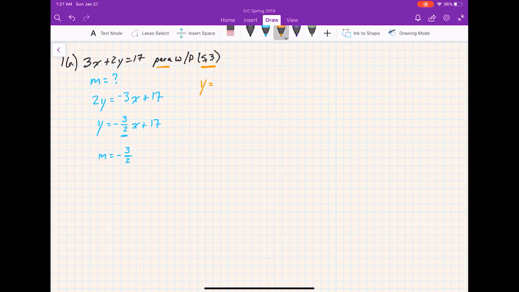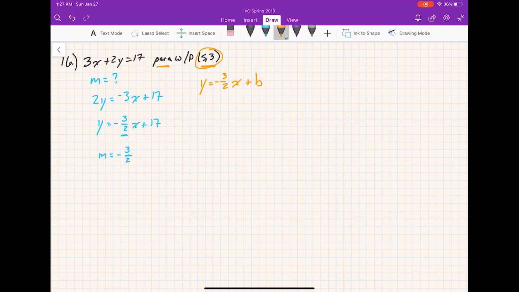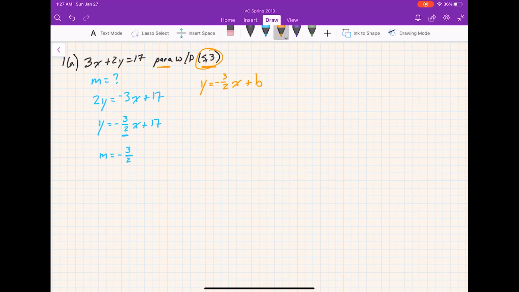So we'll have y equals negative 3 halves x plus b. Now we'll substitute this ordered pair 5, 3 in this formula. We'll have 3 equals negative 3 halves times x, which is 5, plus b. So first things first, we will have 3 halves times 5 plus 3 equals b.